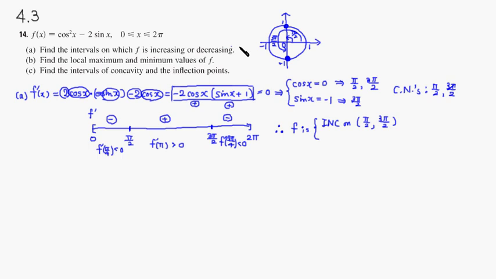Technically we can include pi over 2 and 3 pi over 2, but I think this textbook wants the open interval, so I'll do that.